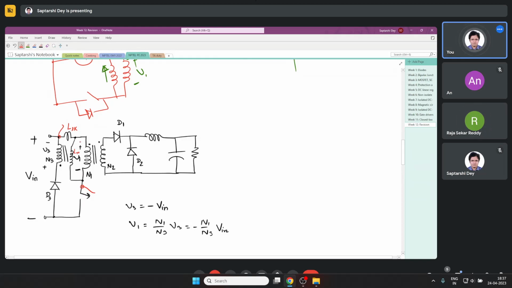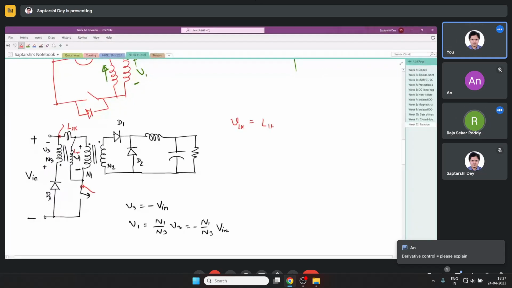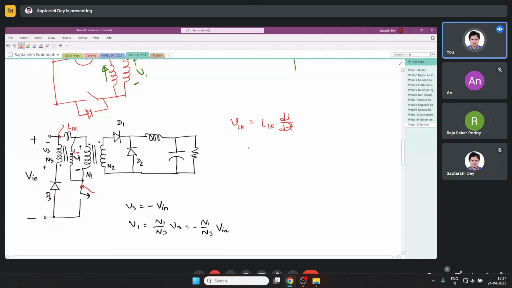Or in other words, since you are interrupting the current, the voltage across the leakage inductance, which is given by L di/dt, will come as a spike across the switch.